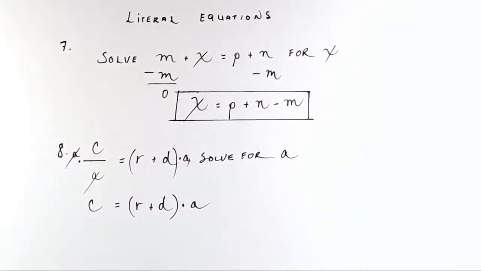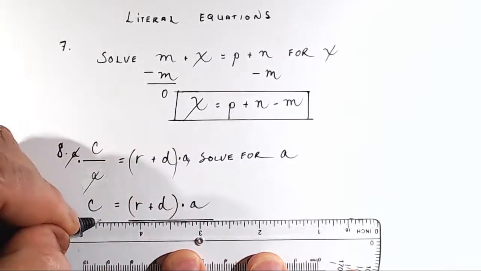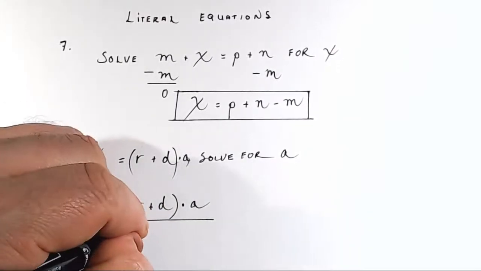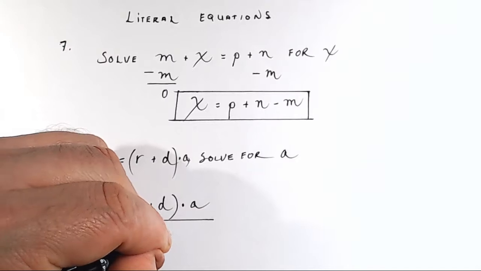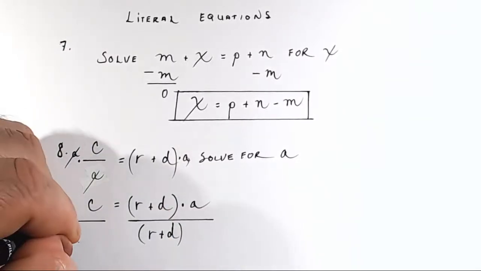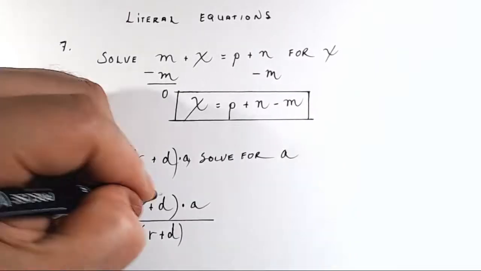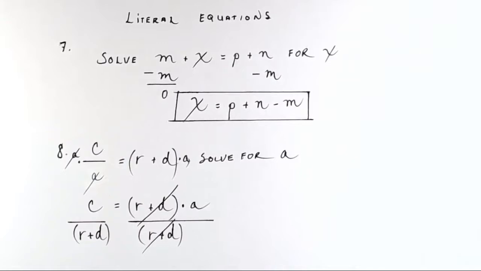So if I want to get A by itself, all I have to do is divide both sides by R plus D. So you just divide by R plus D in parentheses like this. On the right side, the R plus D's cancel.